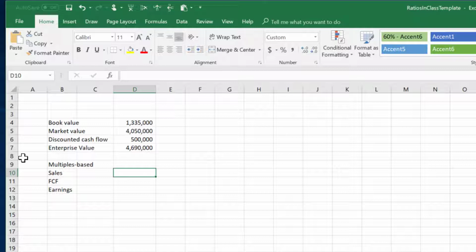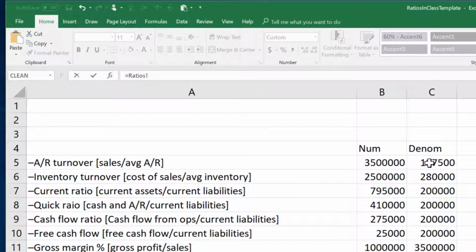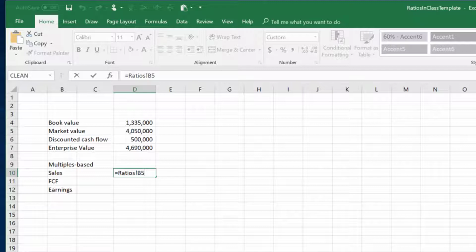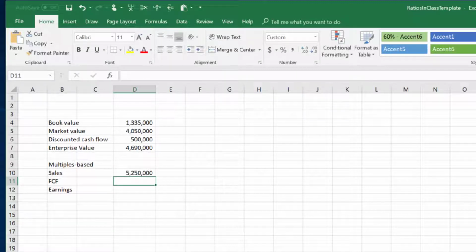Okay, so if we're going to use a few multiples-based methods, then we need to know what some of these ratios are. Those are provided in the information that's given, again, down toward the bottom of the second table. So we can see that the sales multiplier is 1.5. So we can simply take the sales amount and multiply that by 1.5 and get the sales-based multiplier.